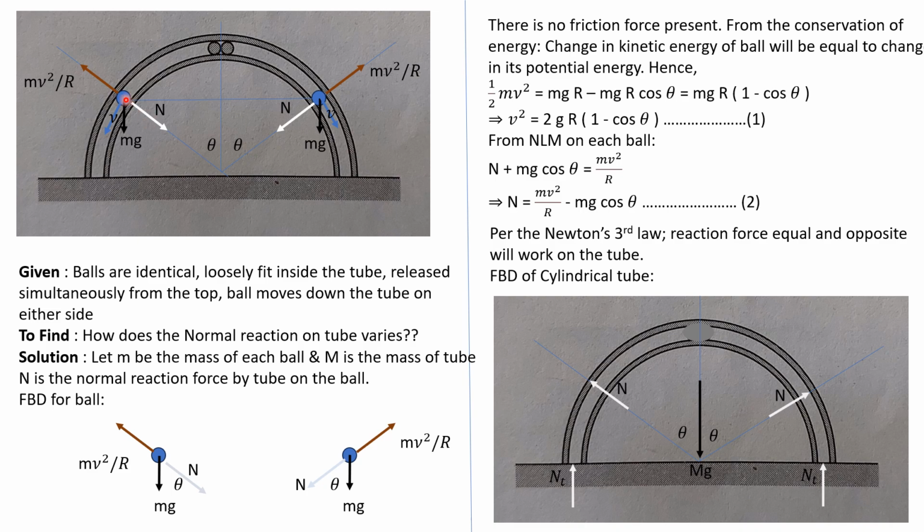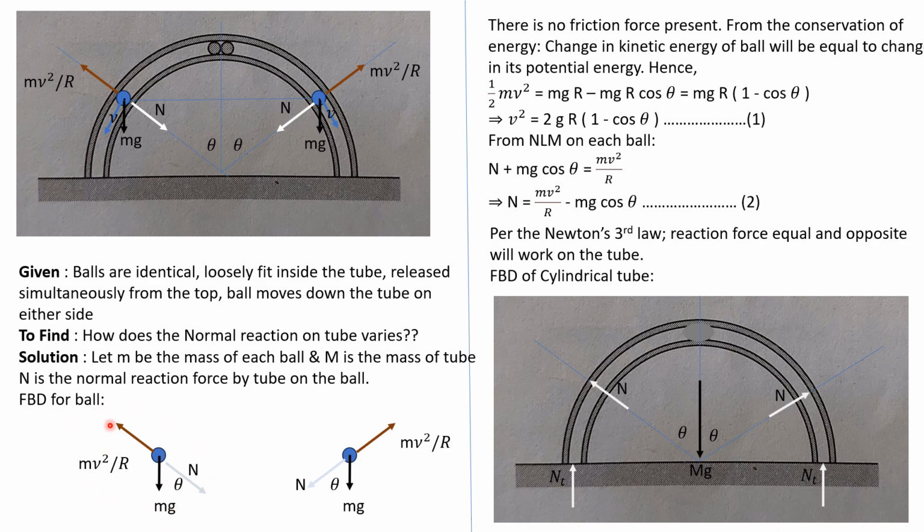Another force acting is the weight of the ball, that is mg, small mg. We have considered small m the mass of each ball, and capital M as the mass of the tube for our calculation. Here the free body diagram of the ball has been made.